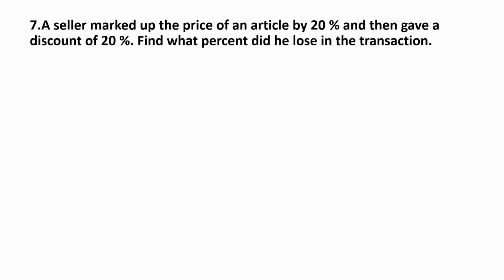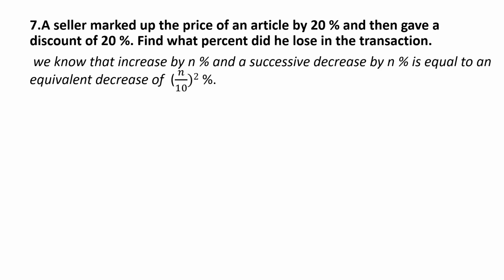Now the next question. A seller marked up the price of an article by 20% and then gave a discount of 20%. Find what percent he lost in the transaction of that article. We know that an increase by n% and a successive decrease by n% is equal to an equivalent decrease of n by 10 whole square percent.